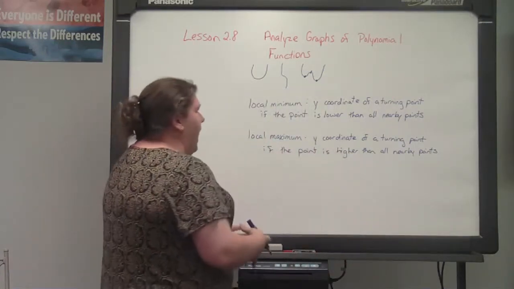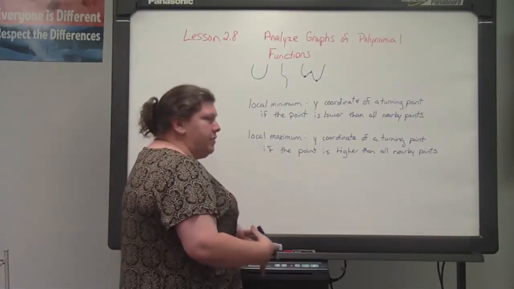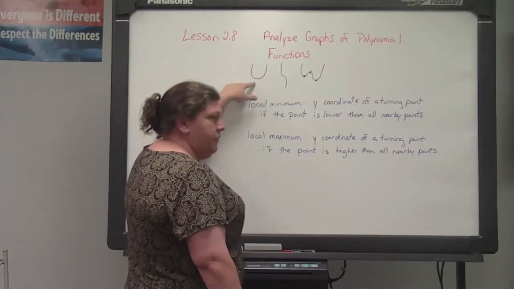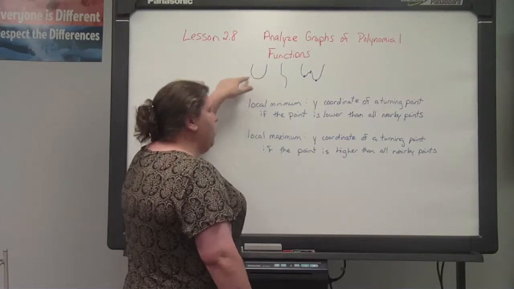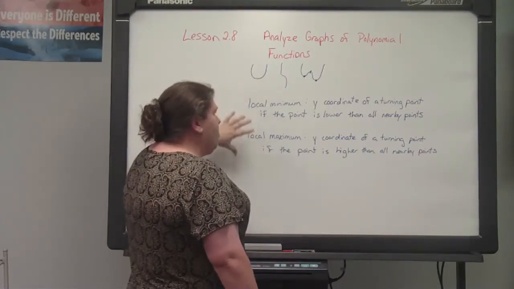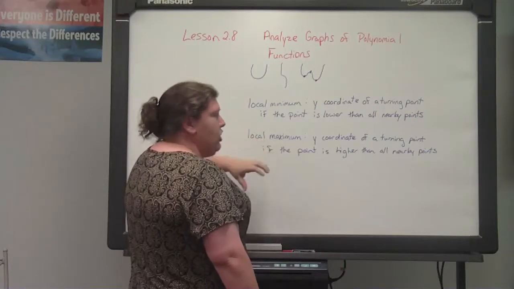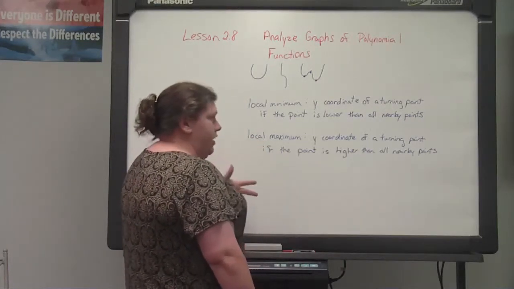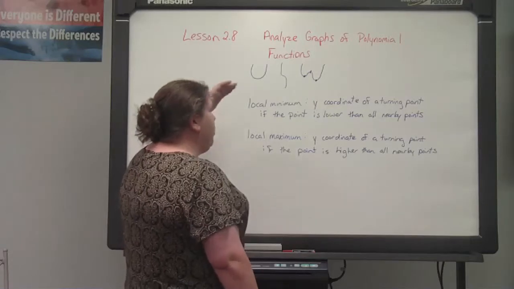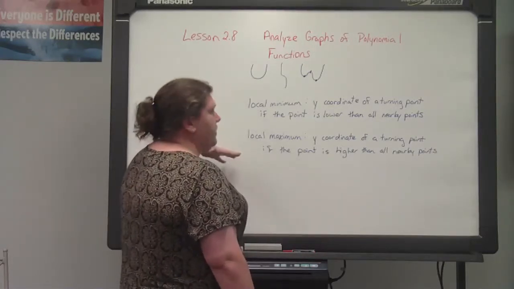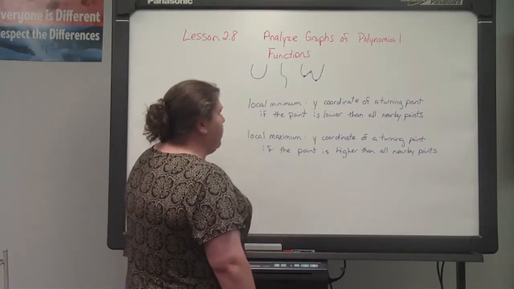We have talked about minimum and maximums when we were looking at a parabola. In a parabola, you're only going to have one or the other, and you only have one of them. You won't have two minimums or two maximums. You will only have one.